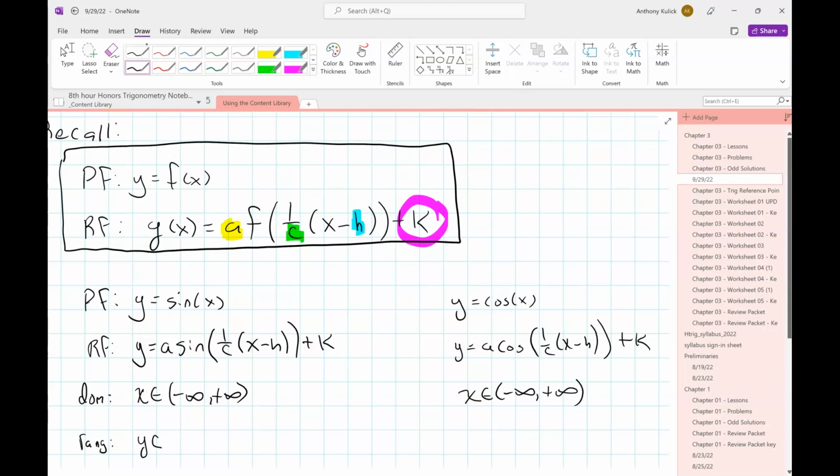But what about the range? The range was -1 to 1. Will that change if I do a transformation? Yeah. What things could change the range? A and K. Very good.